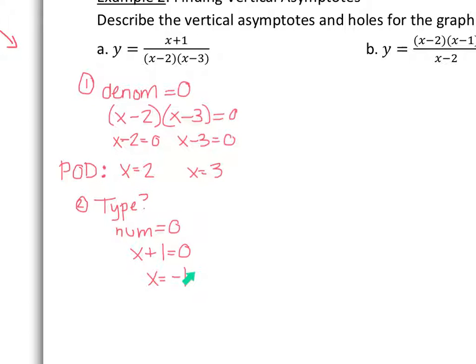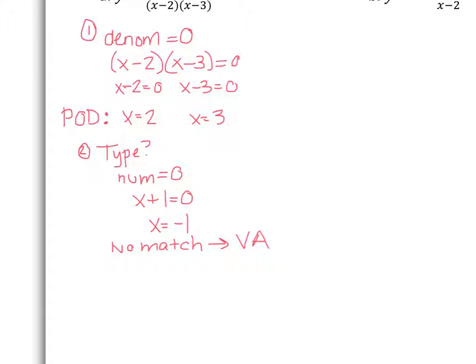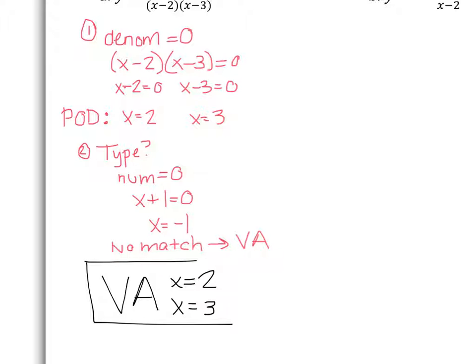Does that match either of these? No, it is not the same. No match means vertical asymptote. So your answer would be vertical asymptotes at x equals 2 and x equals 3. That one was nice. We didn't have to graph it.